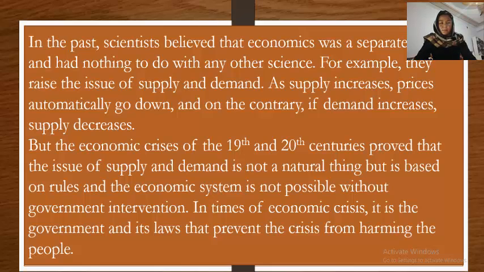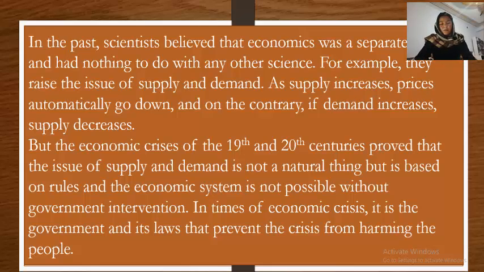In the past, scientists believed that economics was a separate science and had nothing to do with any other sciences. For example, they raised the issue of supply and demand. As supply increases, prices automatically go down, and on the contrary, if demand increases, supply decreases.